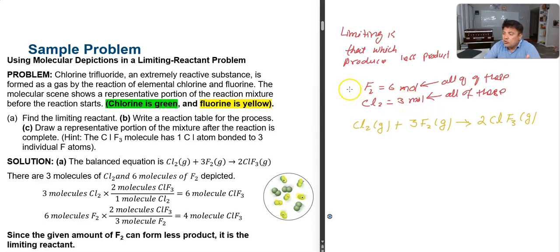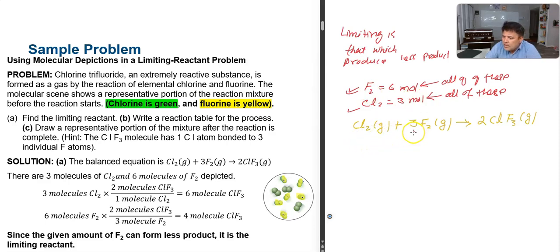If you use all of fluorine, how much product forms? If you use all of chlorine, how much product will form? Calculate that. And which will produce the less amount of the product, that is the limiting.